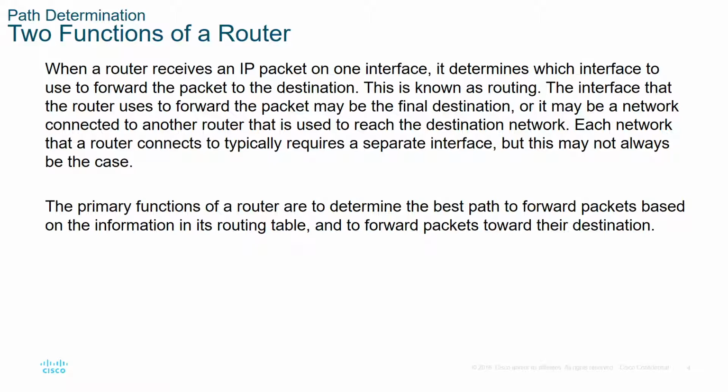Each network that a router connects to typically requires a separate interface, but this may not always be the case. The primary functions of a router are to determine the best path to forward packets based on the information in its routing table, and to forward packets towards their destination.